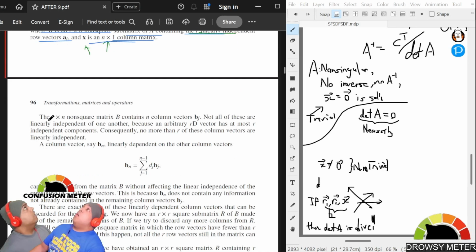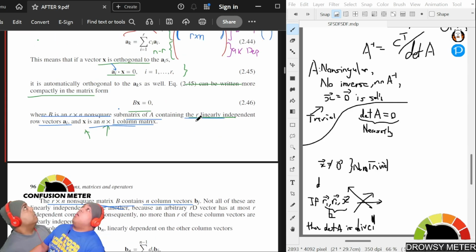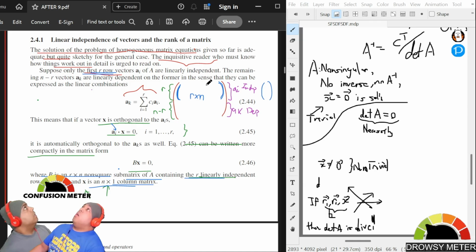The r times n non-square matrix B contains n column vectors bj.